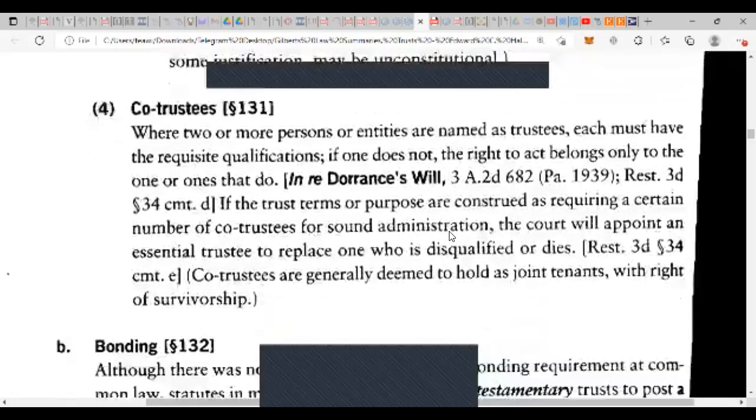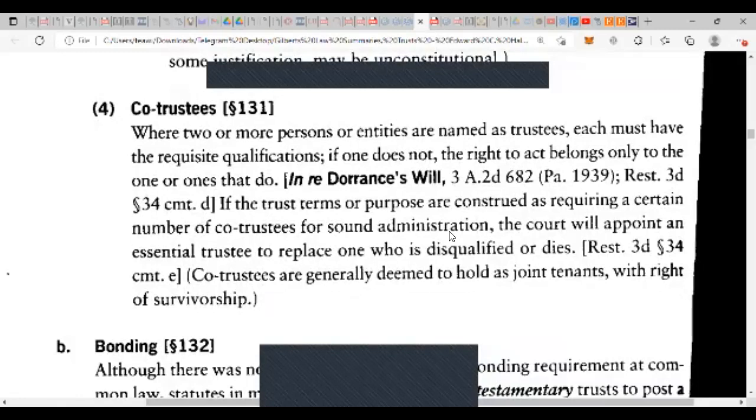Number 4, co-trustees, Section 131. Where 2 or more persons or entities are named as trustees, each must have the requisite qualification. If one does not, the right to act belongs only to the ones that do. In re Dorrance's will.